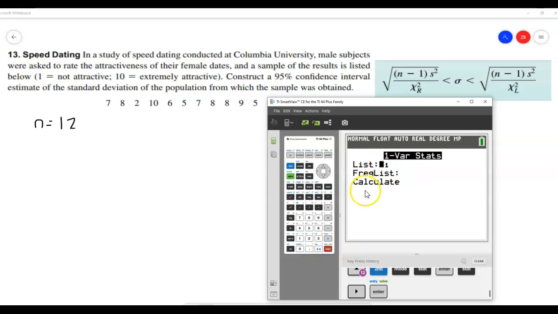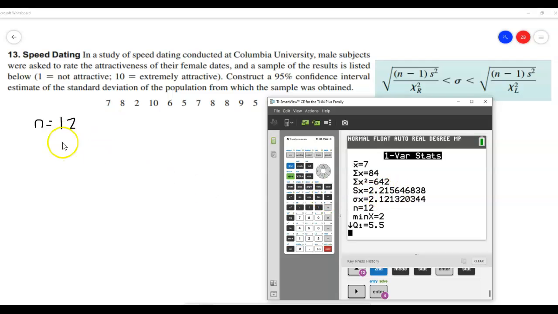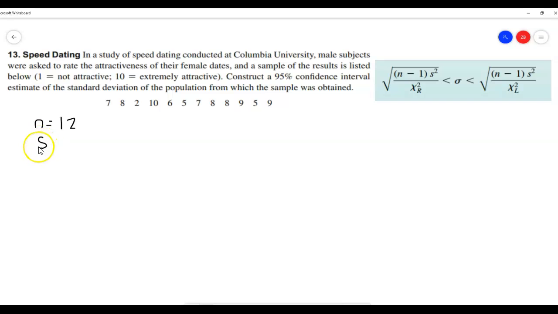I'm going to pull it from my L1 list. I don't need to put anything in frequency. Calculate, and the S there is my sample standard deviation. I'll go ahead and go out 3 decimal places, so 2.216. So s is equal to 2.216.